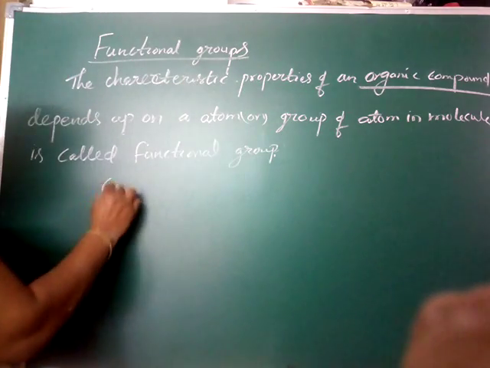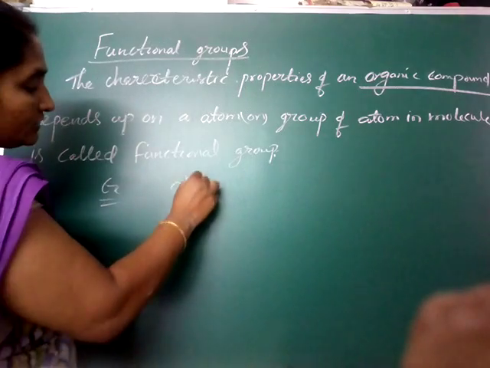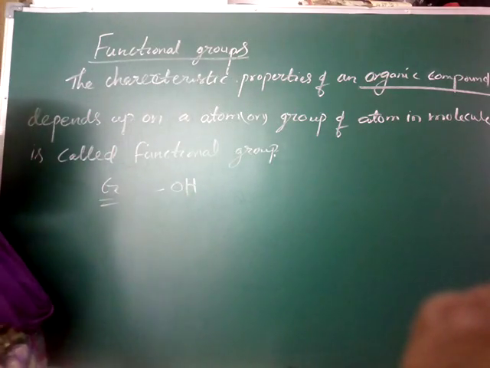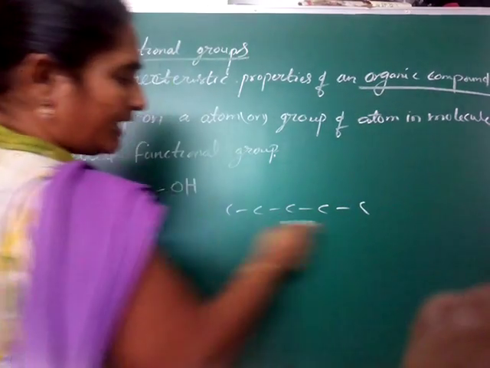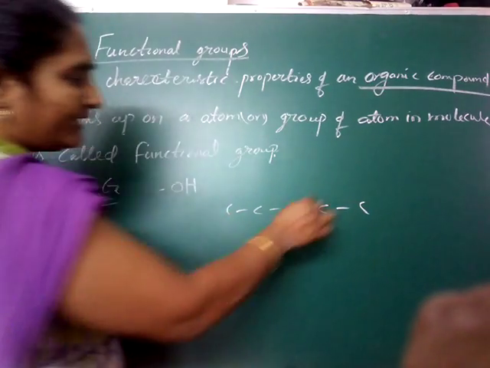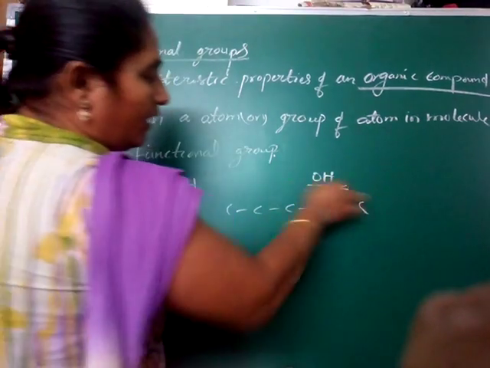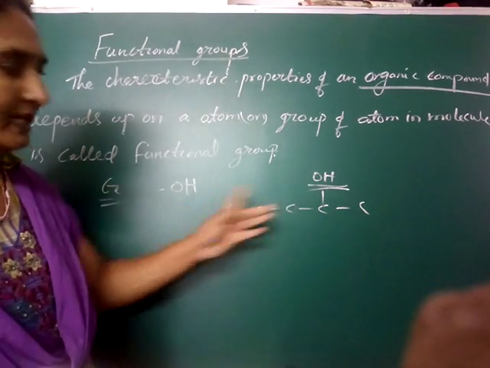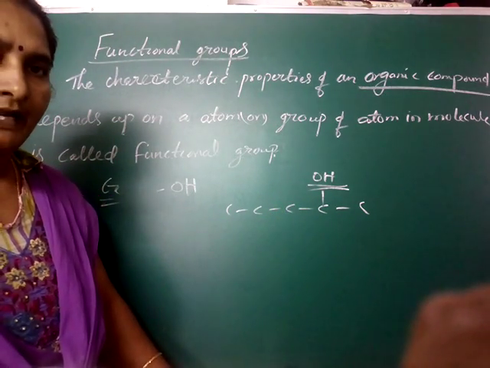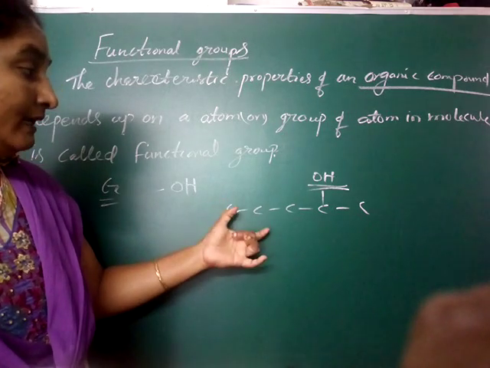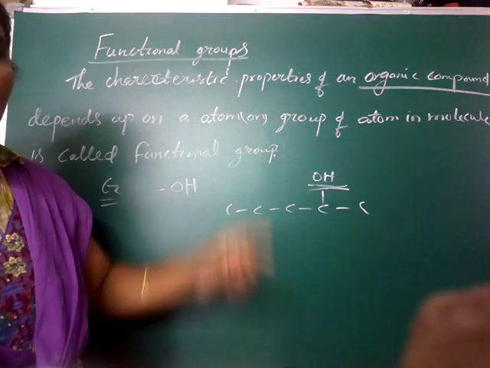I will tell you one example for this: suppose OH. In an organic compound, the carbons will be present. If there is OH on any carbon, anywhere, then these are called the alcohols.